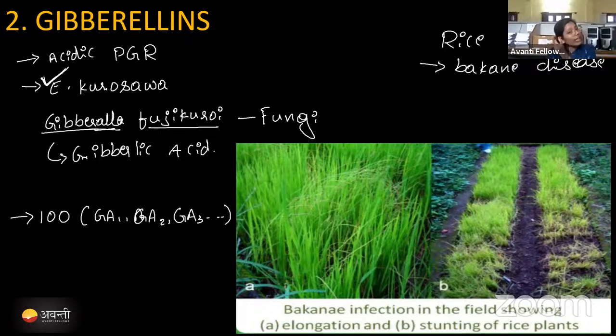Total 100 varieties of this gibberellic acid were there. But why should this gibberellic acid be there in the plant? What is the use of this gibberellic acid?